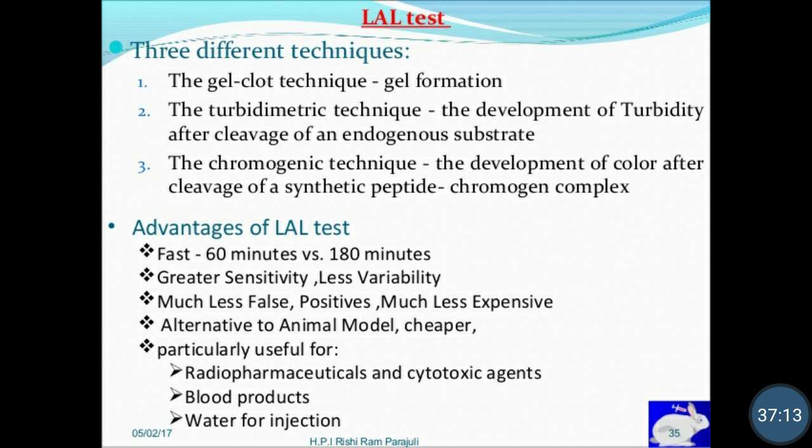Again, the substance under testing is diluted with pyrogen free saline solution and that diluted solution is warmed at 38.5 degrees Celsius. How much volume is injected? Not less than 0.5 ml per kg and not more than 10 ml per kg of the rabbit.